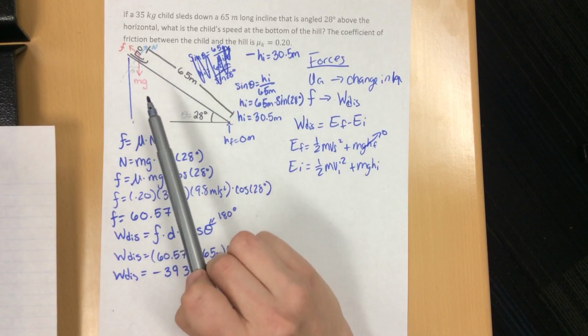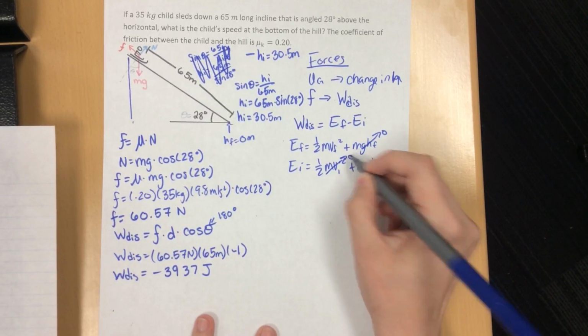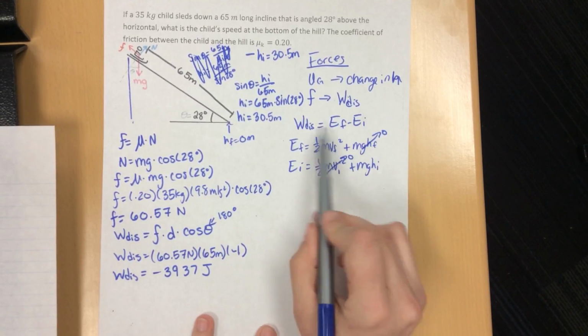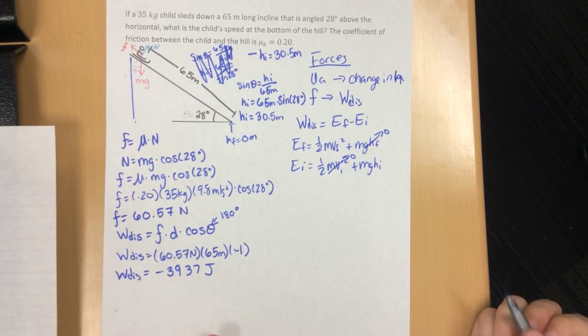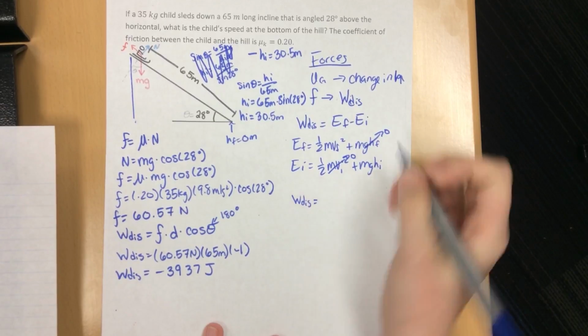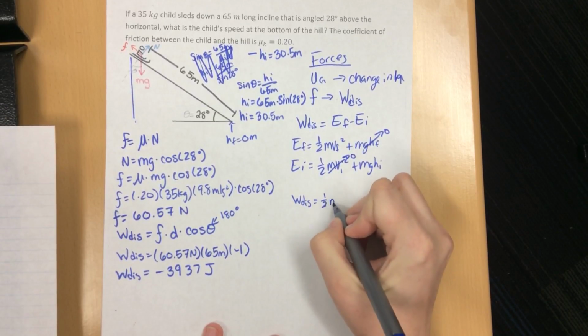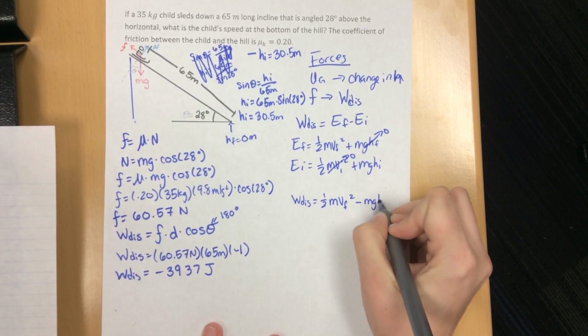We are starting our child from rest, so our initial velocity is 0. As a result, we do get final energy, initial energy, and our work dissipative equal to my 1/2 mvf squared minus mghi.